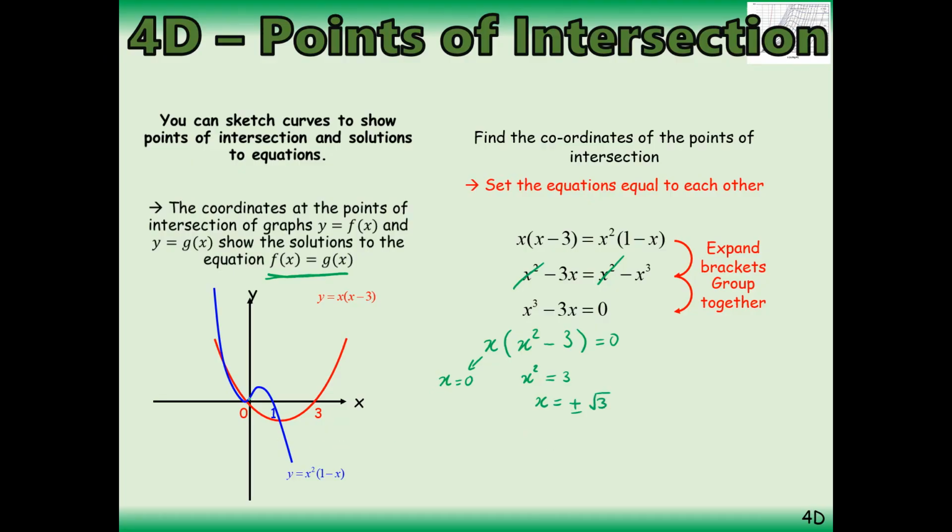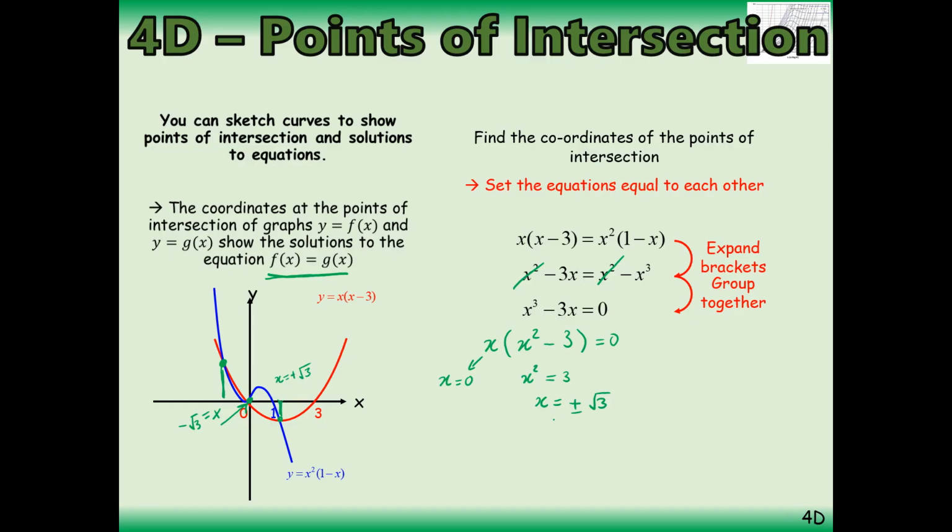And if you check it, yes, the graph does cross the two lines here, crossing at the origin. One of the other intersection points is where x equals minus root 3, and the other intersection point is where x equals positive root 3.